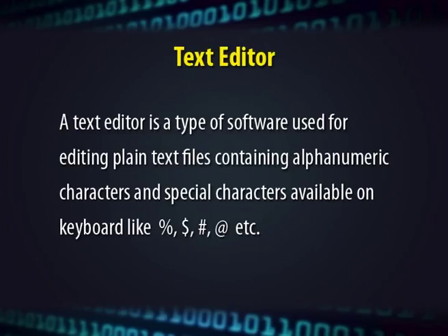A text editor is a type of software used for editing plain text files containing alphanumeric characters and special characters available on keyboard like %, $, @ etc. Every operating system provides a preliminary text editor which is bundled with the software.